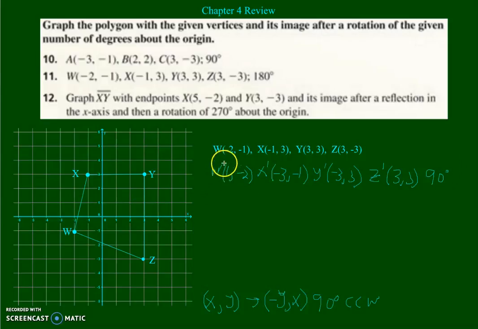Now let's go 180. That's a prime up there. So W double prime is -y, x. So -2 goes to +2, x. Then X double prime, -y, x, 1, -3.